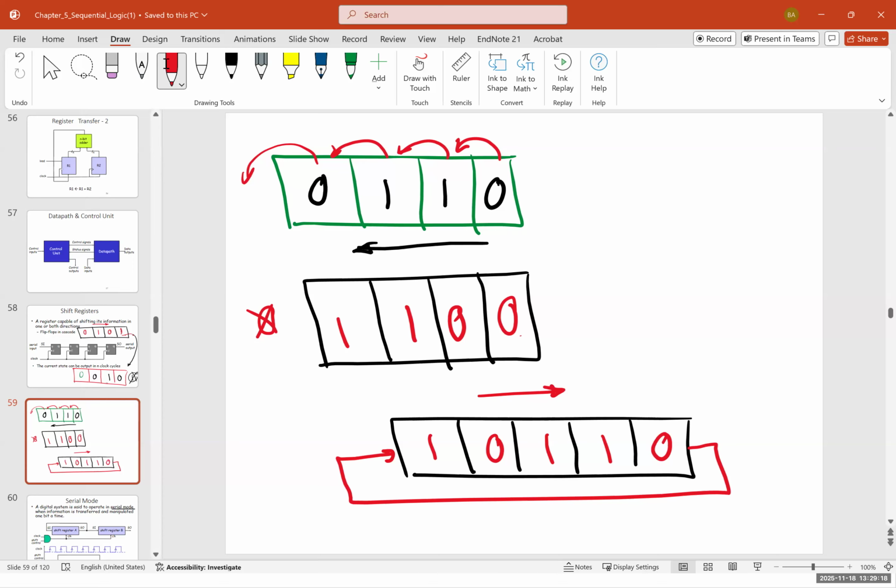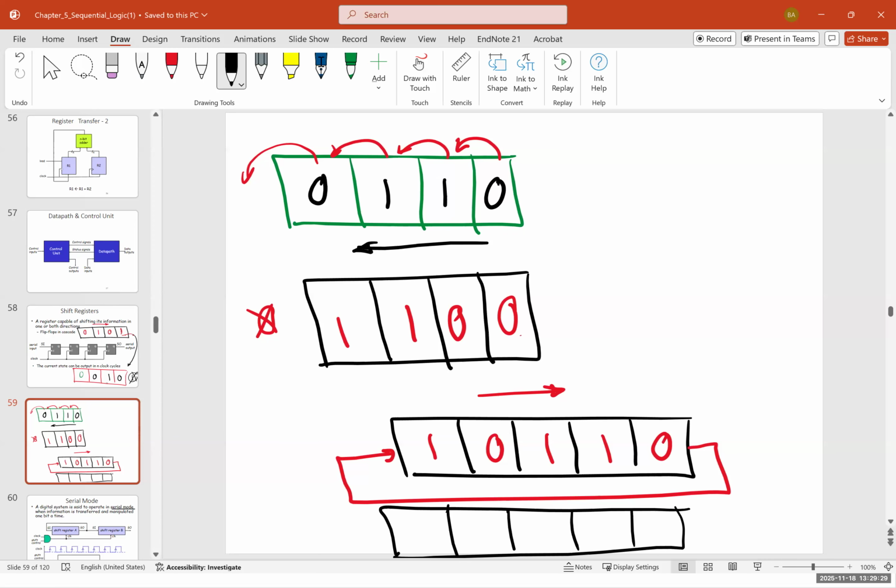So if I want to shift 1 bit to the left, what happens? What would the answer be? Each bit would shift 1 to the left, and this 0 would shift back to the right. So I'm going to have 0, 1, 0... I'm sorry. Yes, 0, 1, 0, 1, 1.